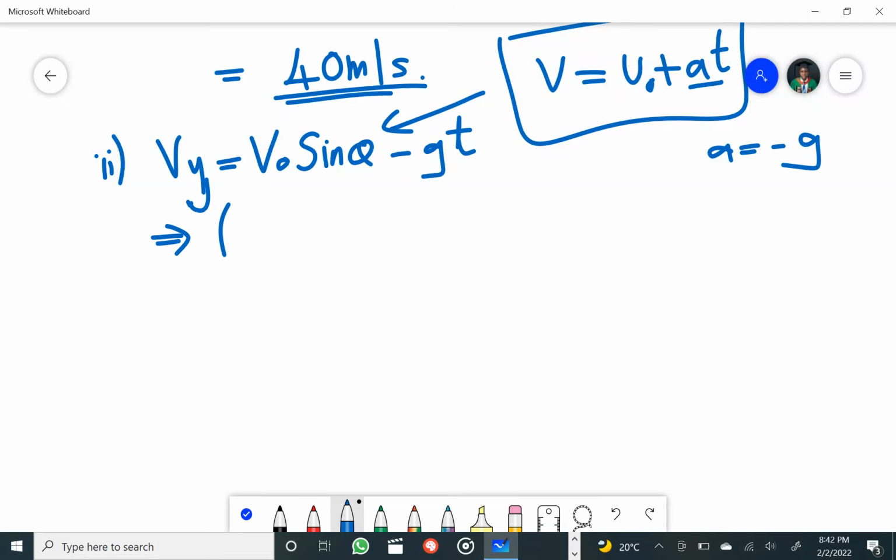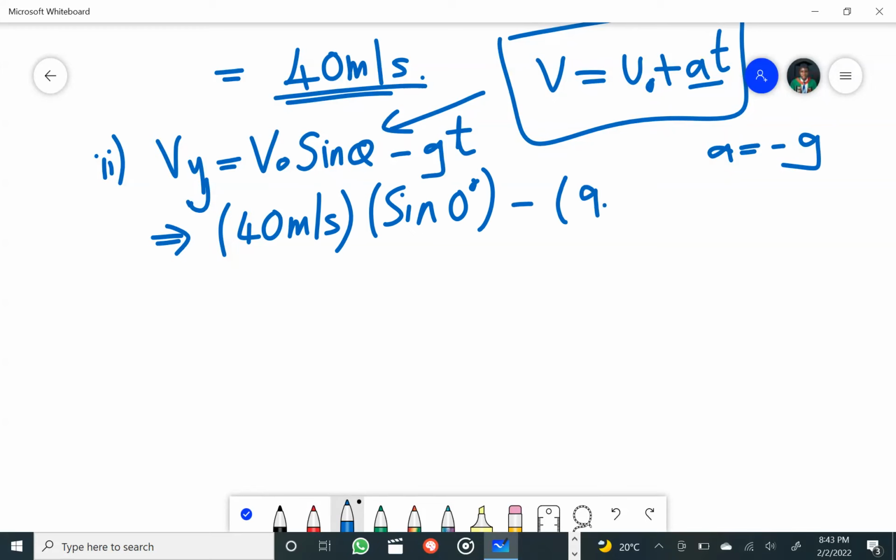So we know the initial velocity was this, but because the angle is 0 degrees, sine 0 degrees, so again here you see I'm writing it like that. And then time.